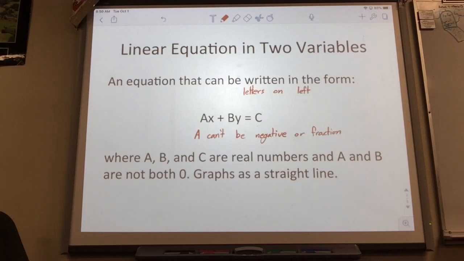So if it is either one of those, when you're solving it, you have to multiply to get rid of the fraction. You have to multiply to get rid of the negative. So when you're solving this, you move all the letters to the left, and you multiply if there is a fraction or a negative starting out the problem.